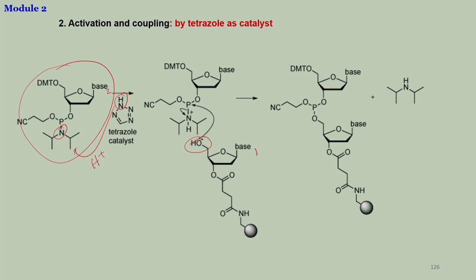The proton from the tetrazole is shifted to this nitrogen. Then you have the NH plus in this position, and tetrazole becomes N minus, which can be stabilized by the internal resonance. So, essentially you have this form, and this becomes a good leaving group. So, now the hydroxyl group can react here, eliminating this, and you have the solid phase with your base 1, and this is your base 2, plus you have the solid with the base 1.